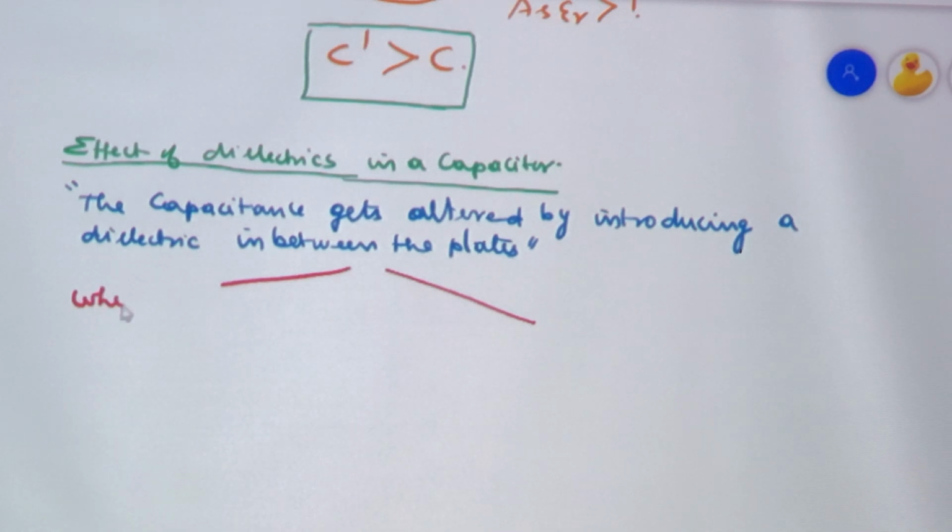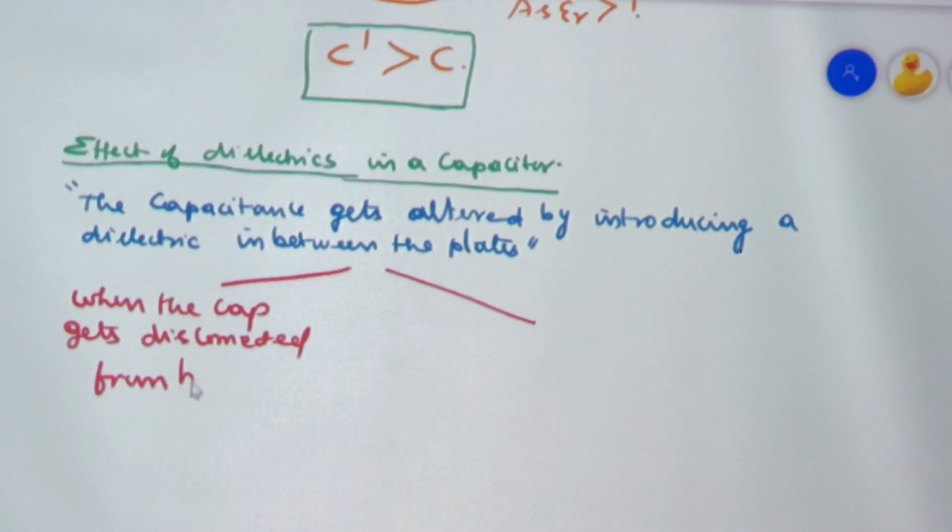One, when the capacitor gets disconnected from the battery, from the source. What we have to calculate is the value of the capacitance and the amount of energy stored.